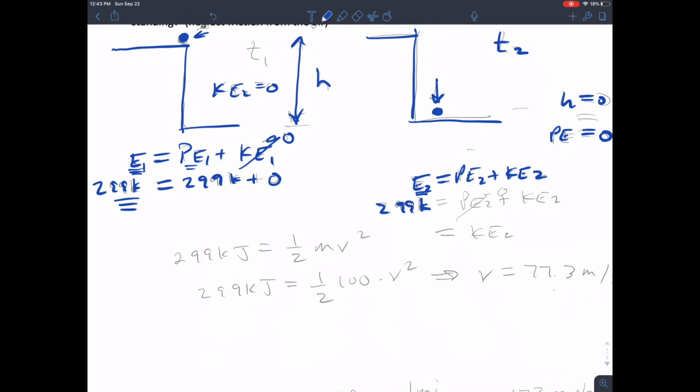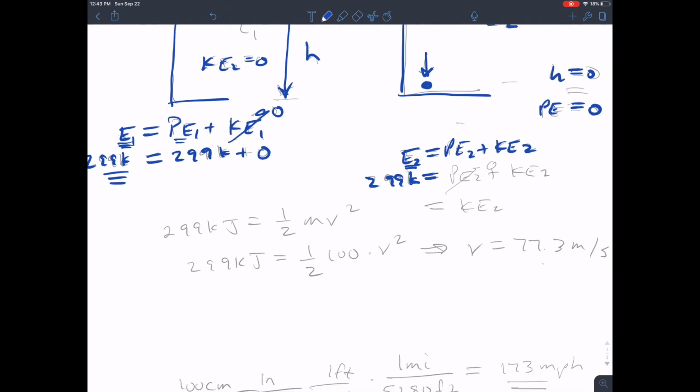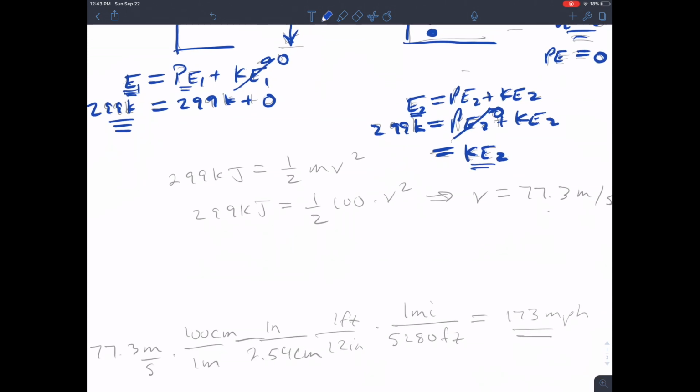That's what we're talking about, conservation of energy. So that would equal PE2 plus KE2, but PE2 is 0 because the anvil head is at 0 height. So that leaves us with just KE2. All right, so that's nice because now we know that the kinetic energy is 299 kilojoules.